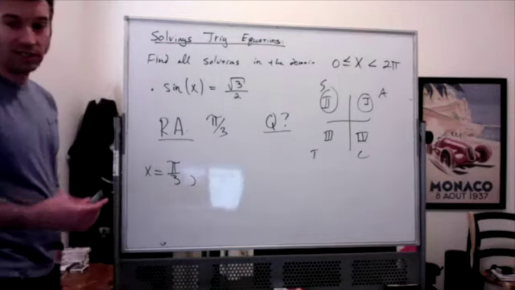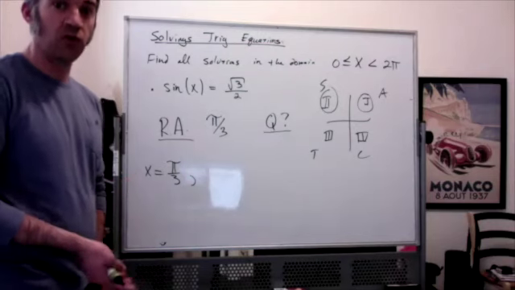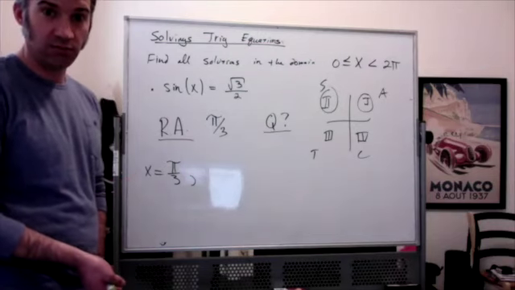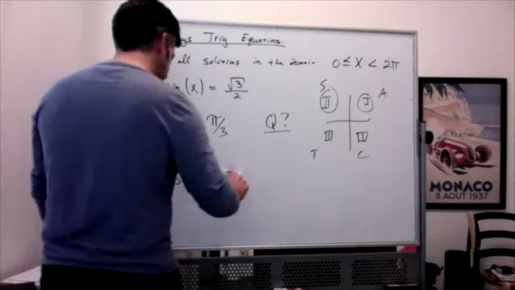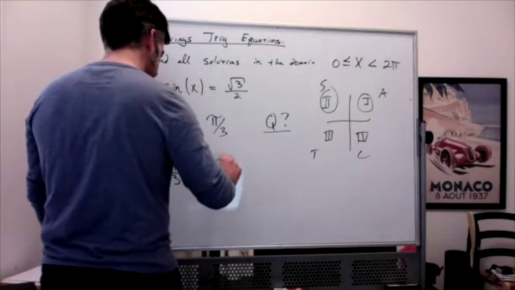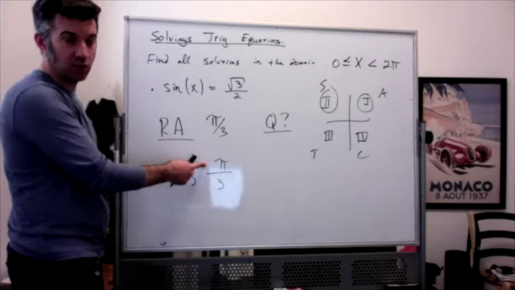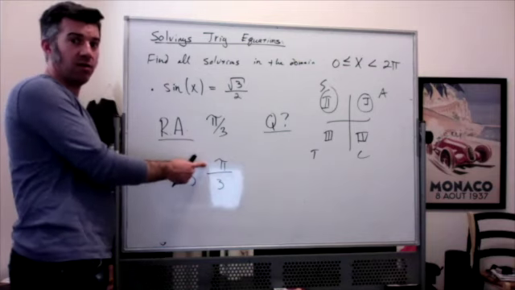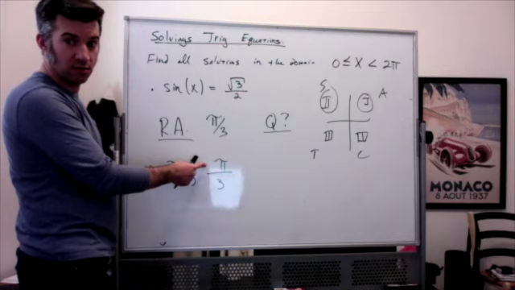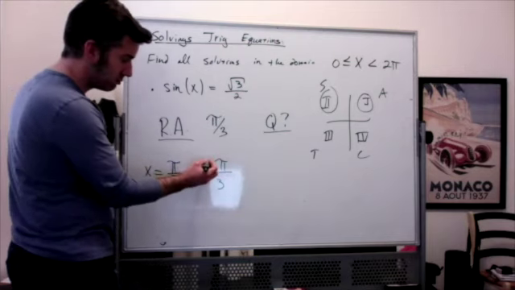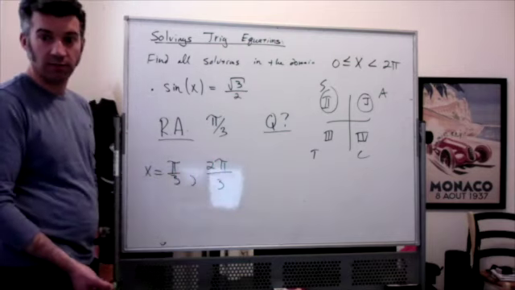And what's the angle in quadrant 2 whose reference angle is also pi over 3? Well, I know it's something over pi over 3. How much? 2 pi over 3? 3 pi over 3? 4 pi over 3? 5 pi over 3? It's 2 pi over 3.